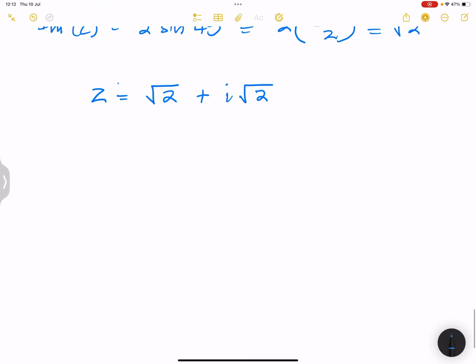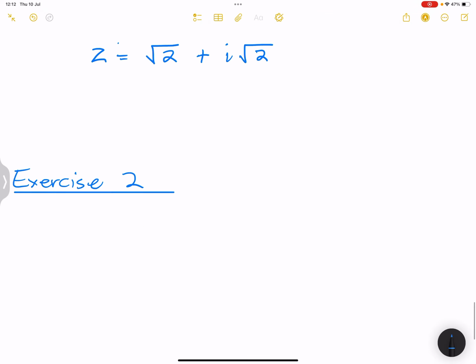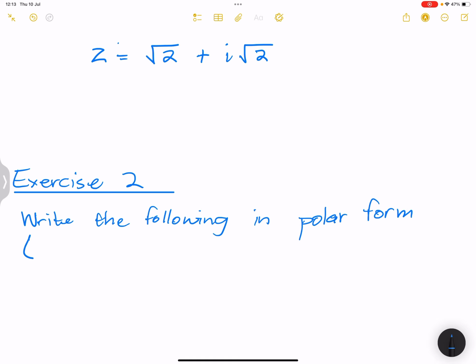Right, now let's take the next exercise. So exercise 2. This is where I'm going to give you some more exercises for you to complete. I want you to write the following in polar form. Of course, we know now that it's also called the modulus argument format.